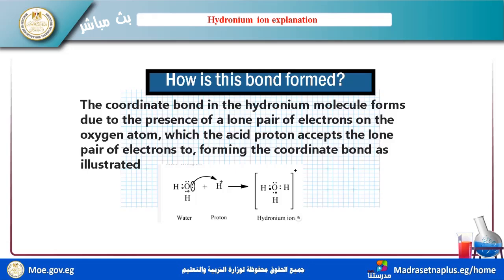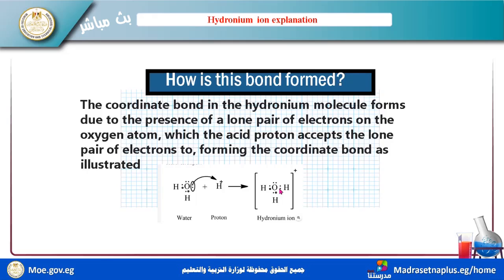Due to the presence of a lone pair of electrons on this oxygen atom, the proton, which is an acid, accepts the lone pair of electrons, forming the coordinate bond as illustrated in this form. You find here, this is forming H3O. I have one lone pair that doesn't share. Now, this lone pair is found here, not making a covalent bond, but making a coordinate bond here.